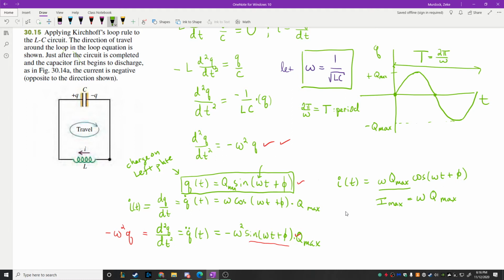But the reality is that real wires will have resistance, and even if you start off with some maximum charge, this process will not continue forever. Eventually, as the charge flows through the wire, it gives up some of its energy to the material and heats the wire up a little bit. So yes, absolutely. This is a perfect idealized model of this.